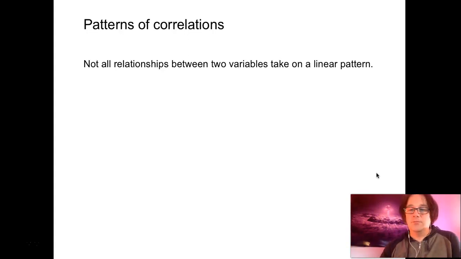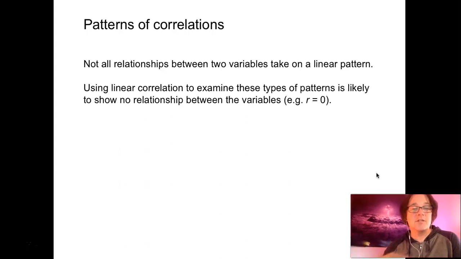Luckily for you, we're only going to examine linear patterns in this class when it comes to correlation, and also when it comes to regression. But there are lots of different shapes that these patterns between variables can take on.